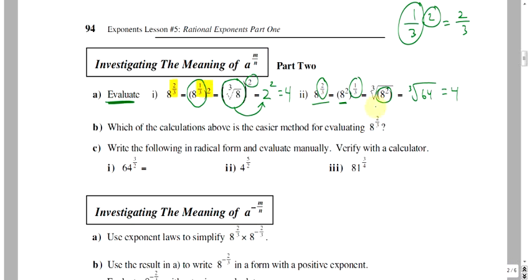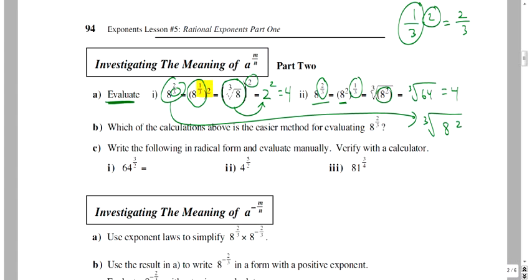So when you get this, guys, let's just go directly from here. Let's write that as a radical. The bottom part is the index for the root part. The top one is the square part. It doesn't matter which you do first. I could take the cube root of 8 first and then square it. I get 4. Or I could take the square part, 64, and then take the cube root of it.